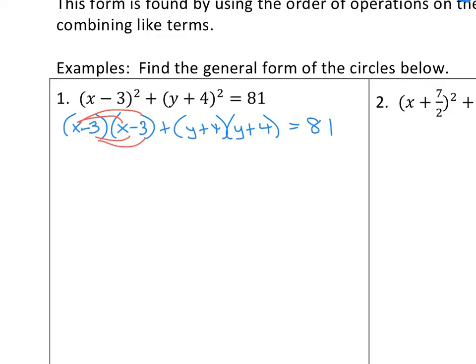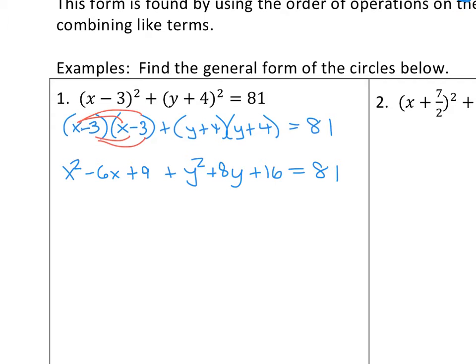So you square the first term, you get x squared. Square the second term, you're going to get that 9. But you also have 2 of these negative 3x's. So you'll end up with a trinomial. Y squared, then you'll have your 16, and you'll have 2 4y's, so that will double it, and you'll get 8y.